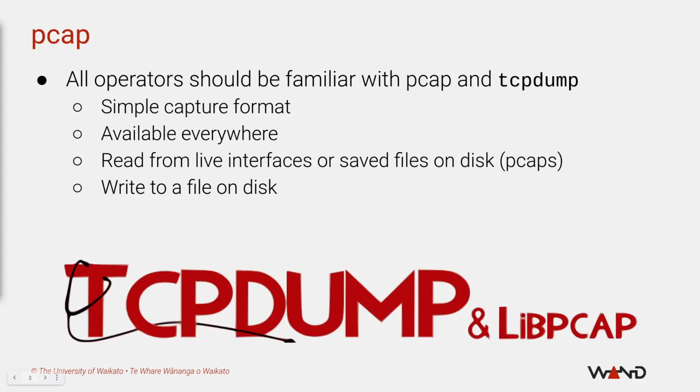Of course, I anticipate that most, if not all, people following this series of tutorials will have some familiarity with PCAP. PCAP is a relatively simple capture format that has been around for a very long time and is supported by just about anything and everything. The most common tool used for interfacing with PCAP is a command line tool called tcpdump, which can be used to capture packets from any live interface.